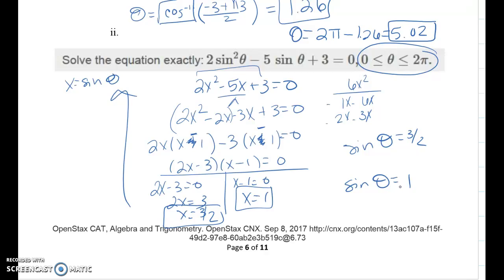But if you remember sine theta in its domain, every angle has an output, and because of its range, all the outputs are actually between -1 and 1. They just oscillate if you think about the graph on the coordinate plane. So this is not going to work. But sine theta equal to 1, that's actually on my unit circle, and that happens at pi over 2.